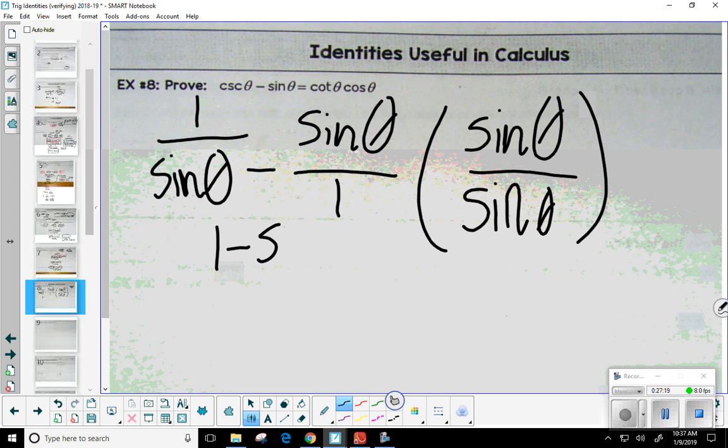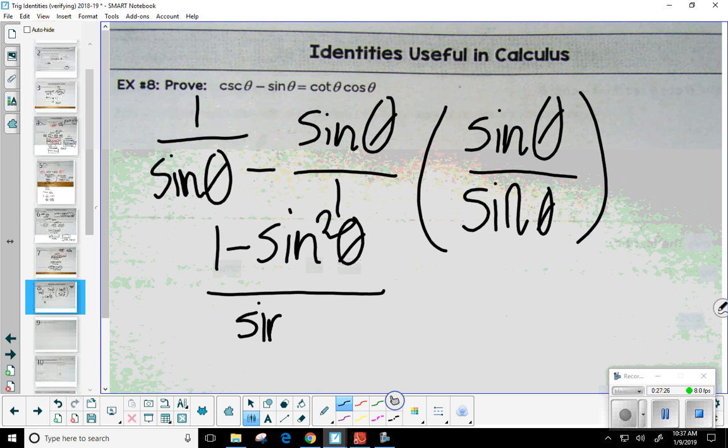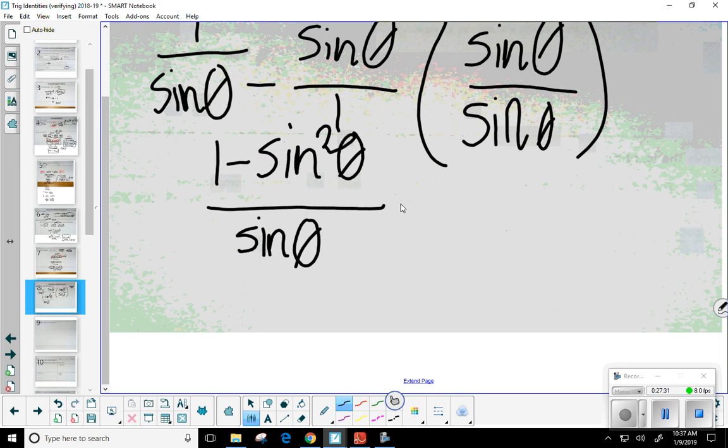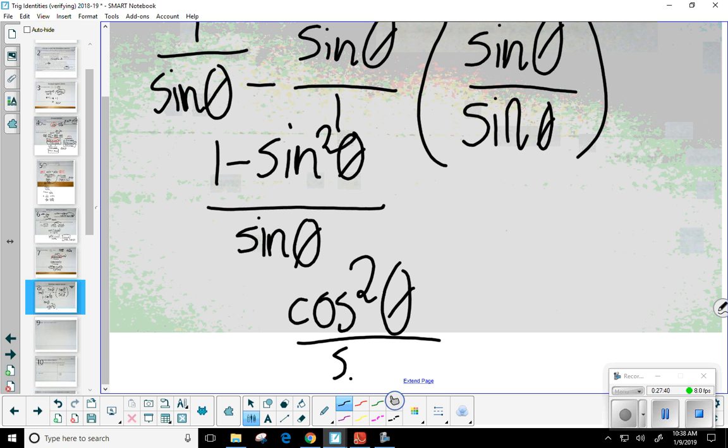And that gives me 1 minus sine squared of theta over sine of theta. Perfect. And then change 1 minus sine squared to cosine squared. Okay. So again, the same Pythagorean identity. Over sine theta. And then I just split up the cosines into cosine of theta times cosine of theta.